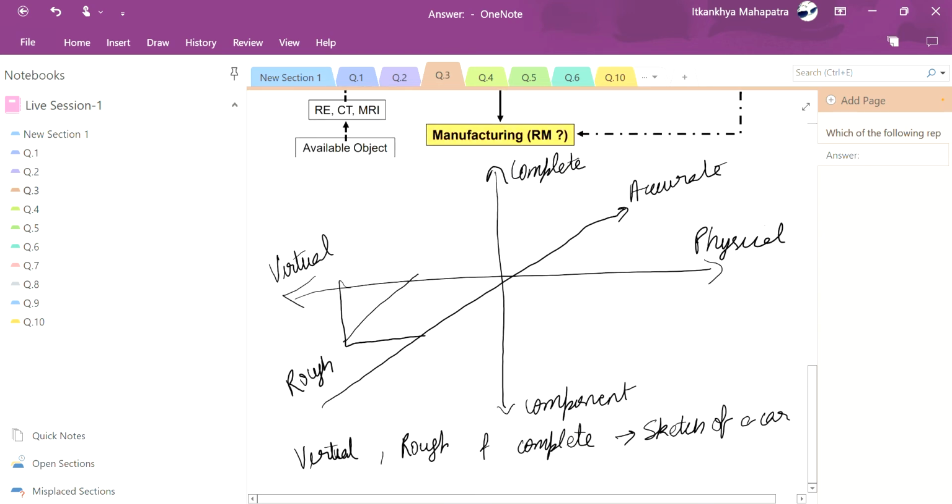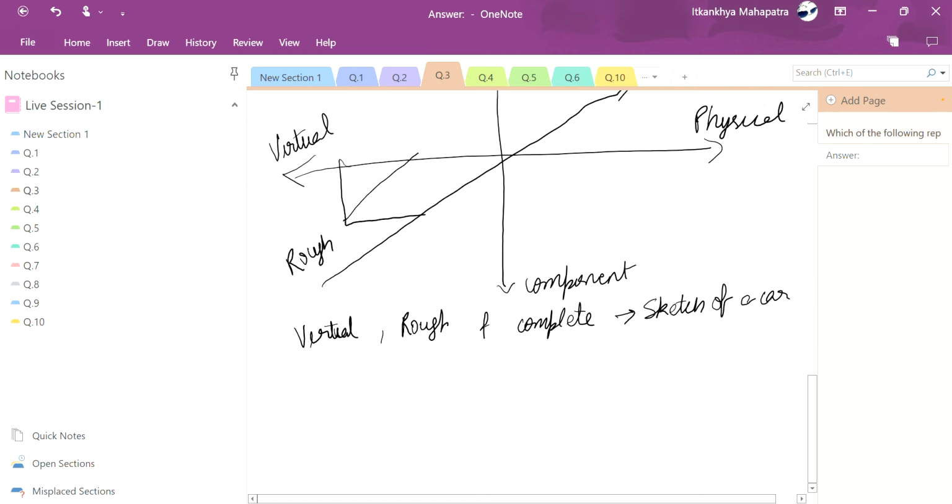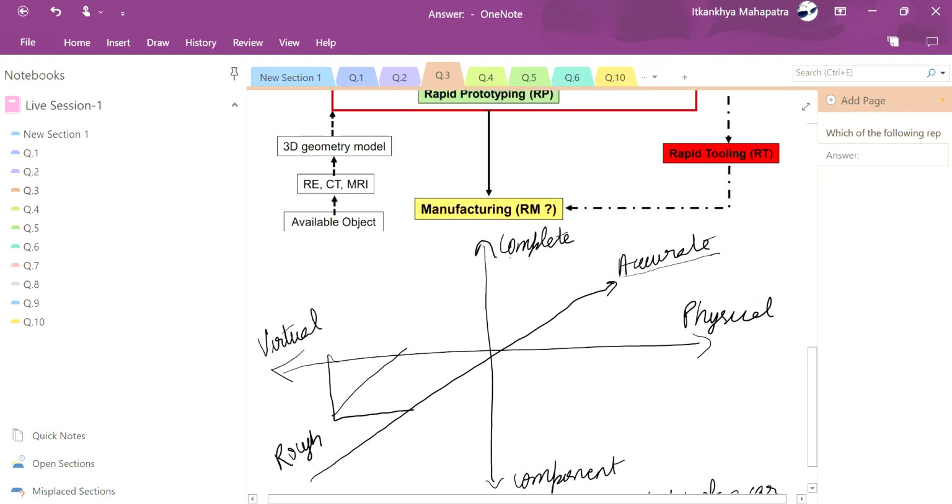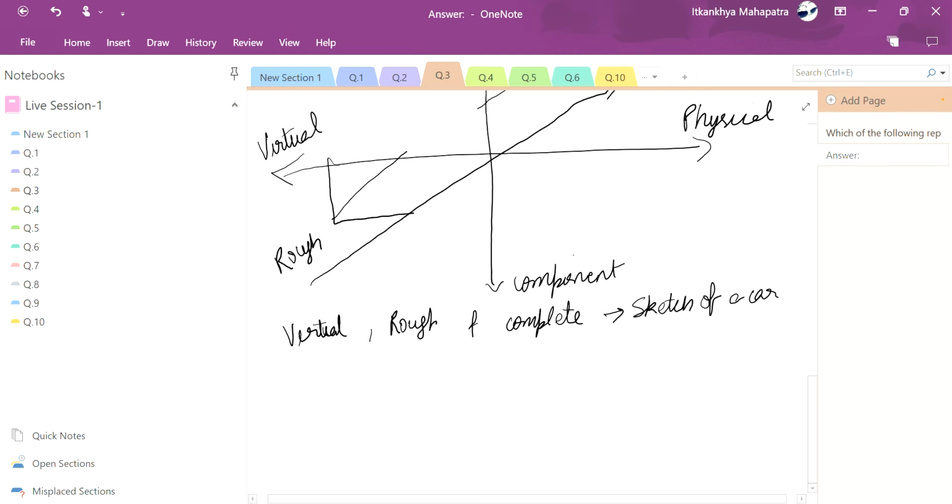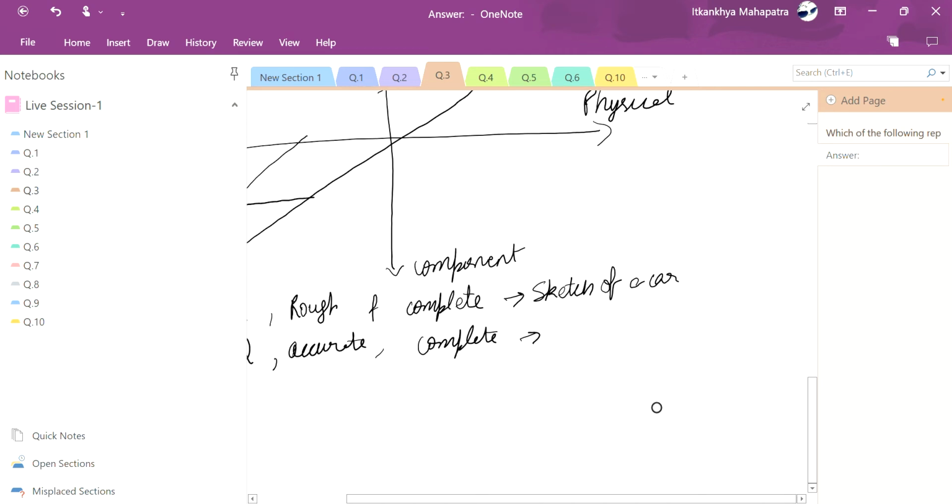When we have virtual, accurate, complete, this is also an example of virtual prototyping, and this is where we can say a CAD model of a car.